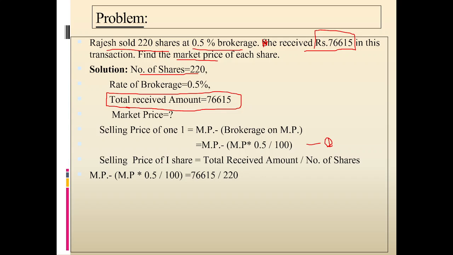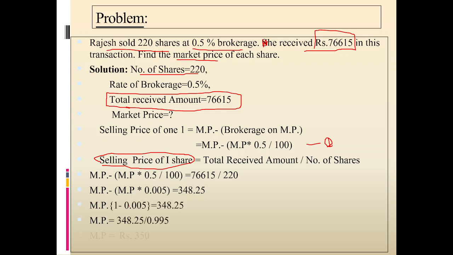Then selling price of one share is equal to total amount received divided by number of shares. Using equation 1 in place of selling price of one share, we get market price minus, in bracket, market price into 0.5 divided by 100 is equal to 76,615 divided by 220. If we solve this, we get market price equal to 350 rupees.